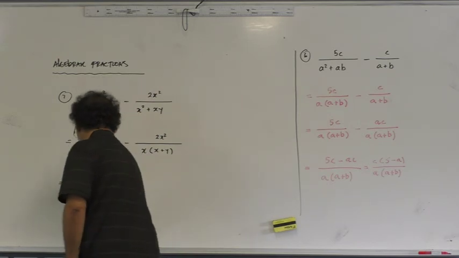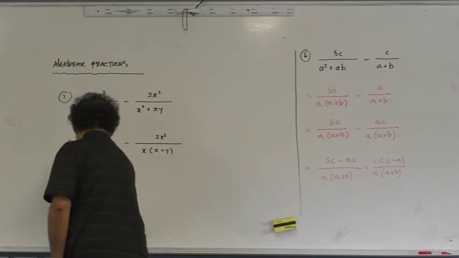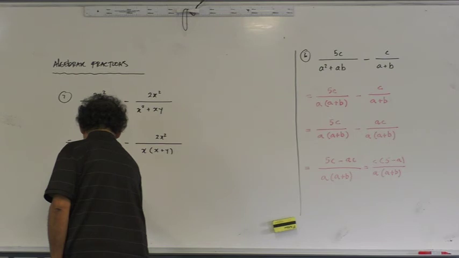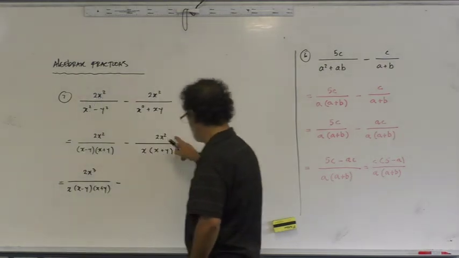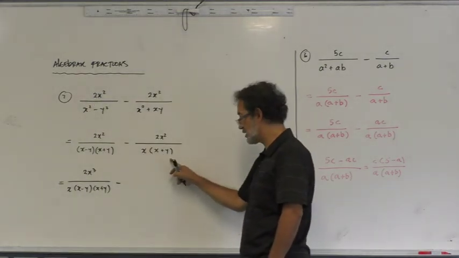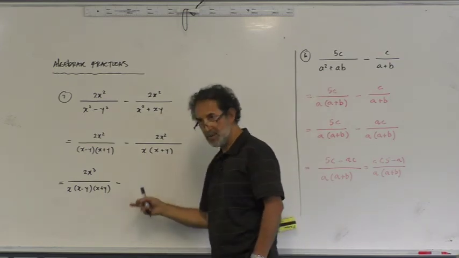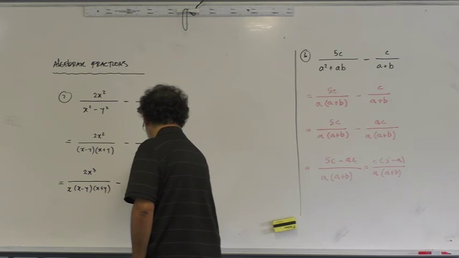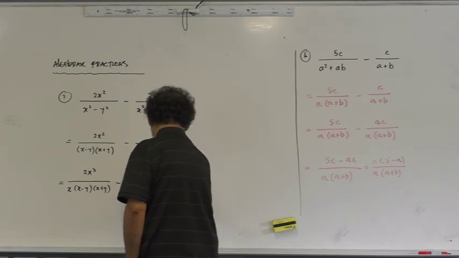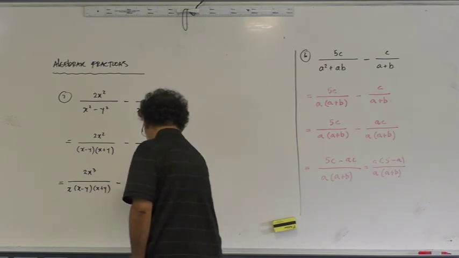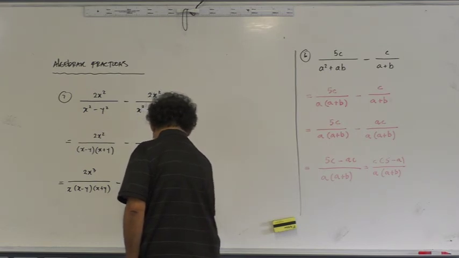And the bottom is going to be x minus y, and then x plus y. Okay, done. And then we have to multiply this by what is missing from here? X minus y. So we're going to multiply 2x squared by x minus y. And then we're going to have the same denominator, x minus y, x plus y.